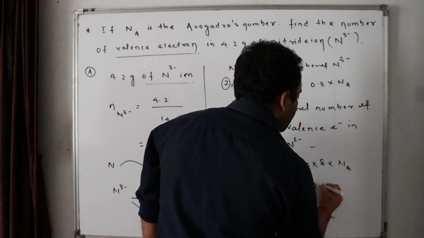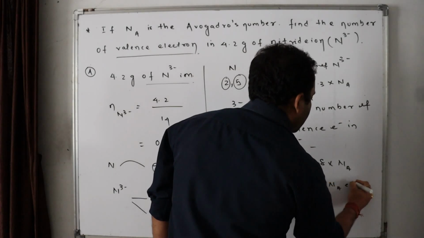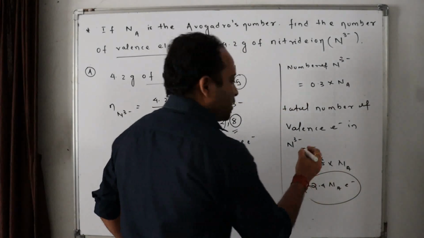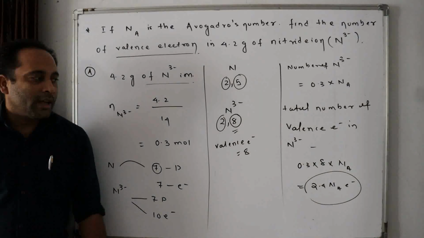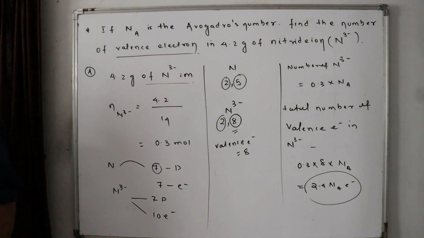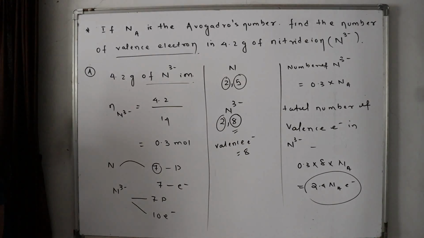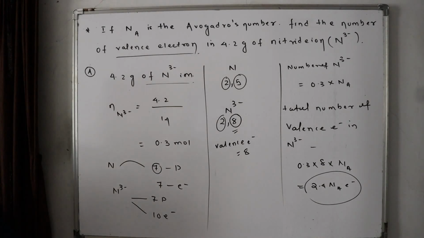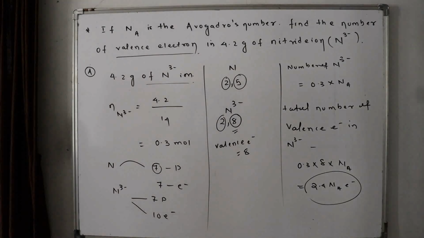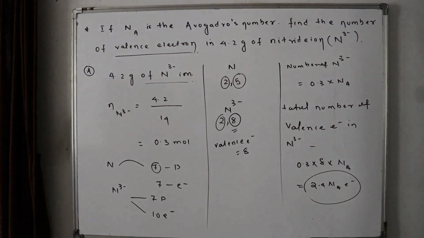So it comes 2.4 Na electrons are present. So this is the answer. How many electrons are present? 2.4 Na electrons are present. Easy? Done? Let's go for the next question.